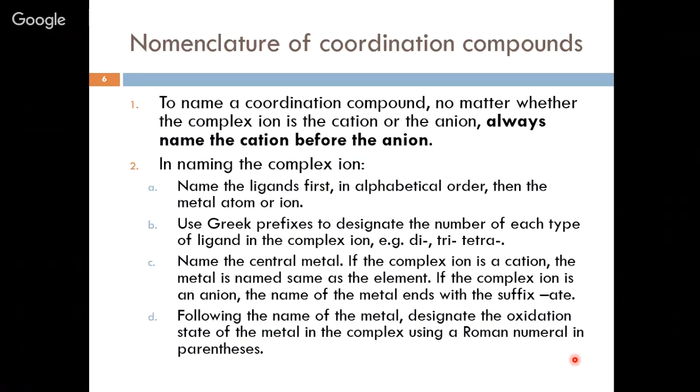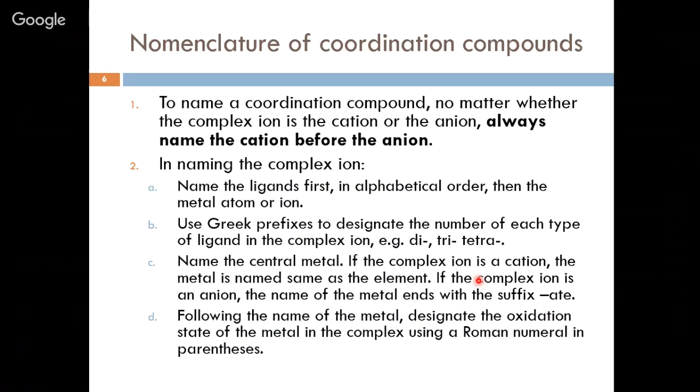So when we name the complex ion, we name the ligands first in alphabetical order, then the metal. We use Greek prefixes to indicate the number of each type of ligand. The ligand name is what's alphabetized, not the prefixes.